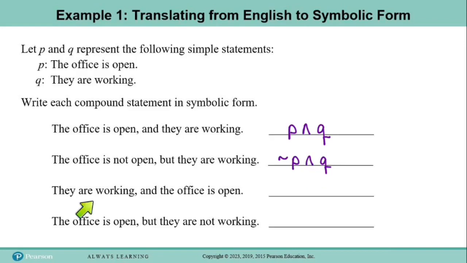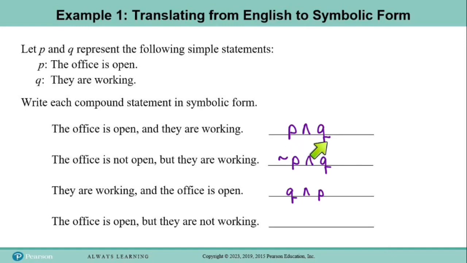Okay, let's look at the third statement. They are working and the office is open. So they are working is statement Q, and is the and symbol. The office is open, that's statement P. Now you can see that the first statement and the third statement mean exactly the same thing.